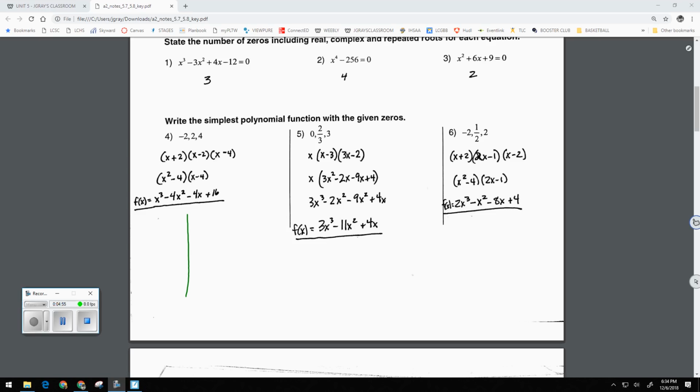The answer to 5 is 3x cubed minus 11x squared plus 4x. The answer to 6 is 2x cubed minus x squared minus 8x plus 4. You can pause the video and write all that work down if you want, or try those on your own and see if you can get the answers shown here.